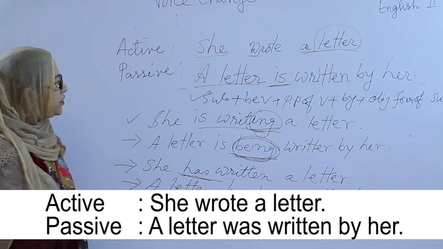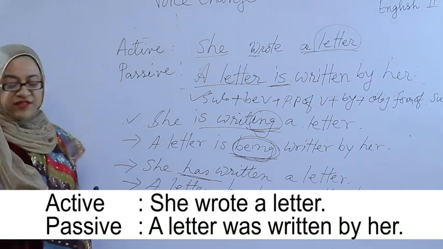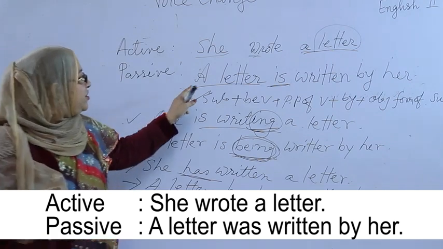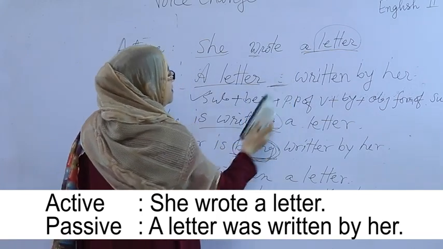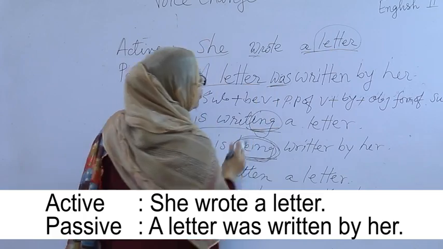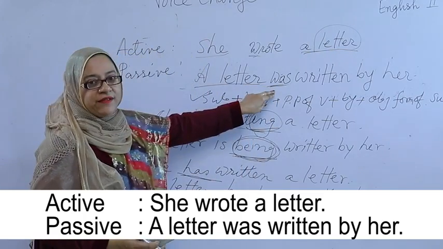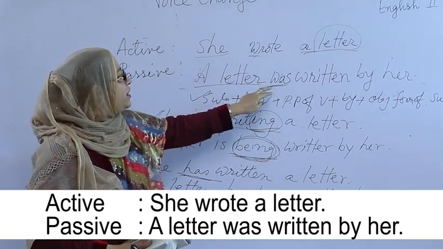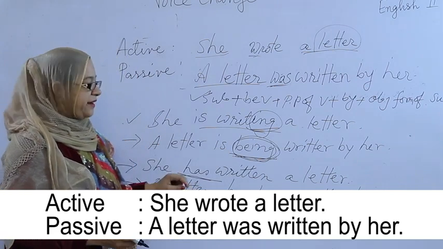How can I change it into passive? I only change to "a letter was", because was is the past form. A letter was written by her.